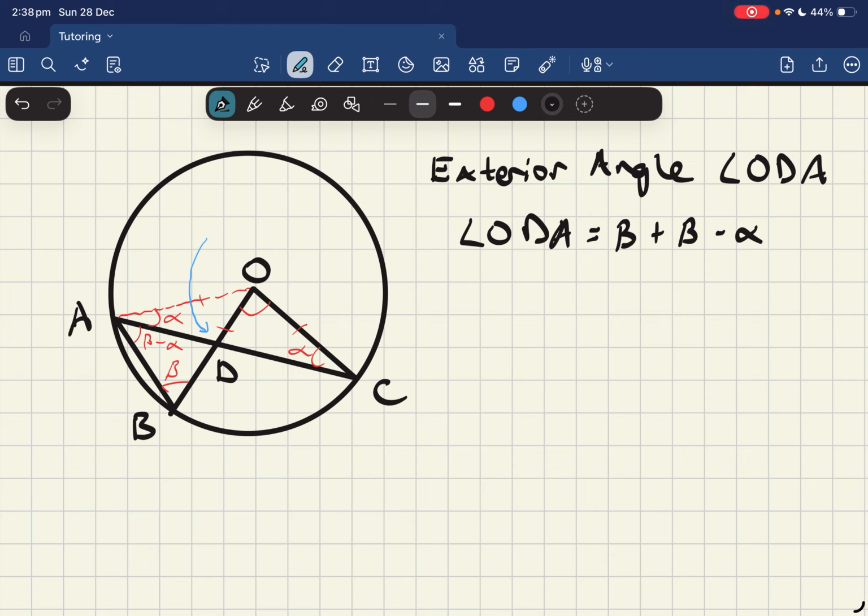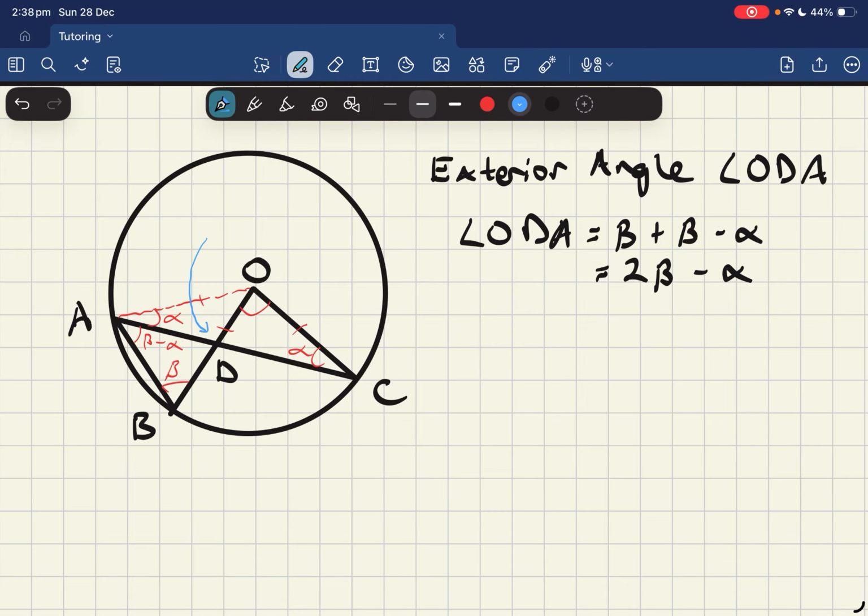We know this because of that same theorem, that same reason that we gave in the previous example, where the exterior angle of a triangle is equal to the sum of the two interior opposite angles. Now, cleaning this up with a little bit of algebra, we can see that this gives us 2 beta minus alpha.